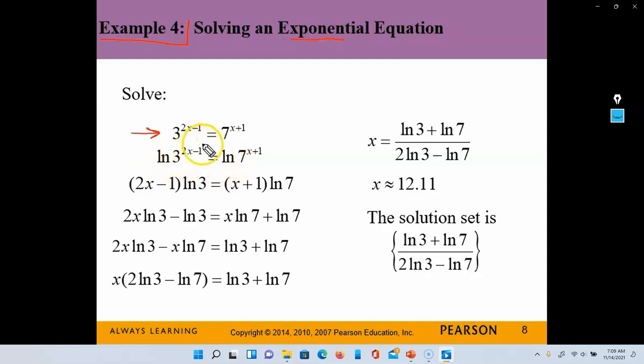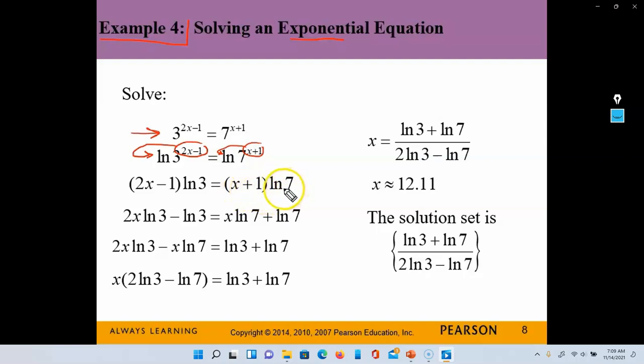Now, what do we do with the exponent? We take the exponent and put it out in front, and that's what you see in this step.